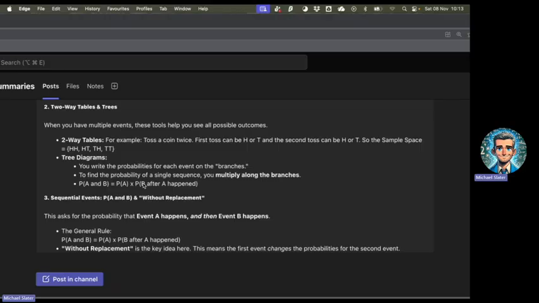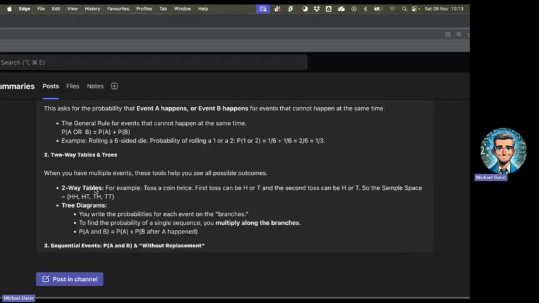All right. For tree diagrams, we write the probabilities on branches. Okay, so to find the probability of a sequence, we multiply along the branches. All right, so we now are not saying what is the probability of A or B, we're saying the probability of A and B, and is not plus.